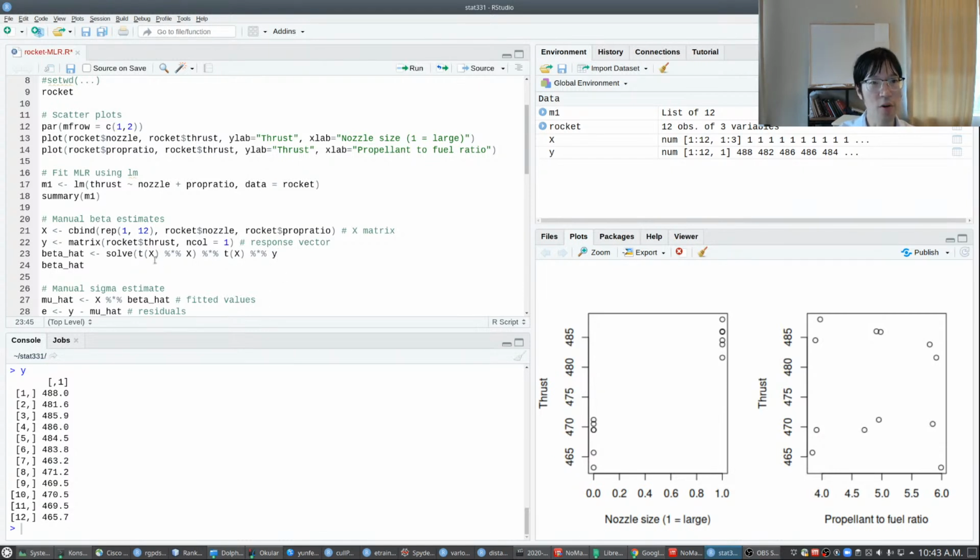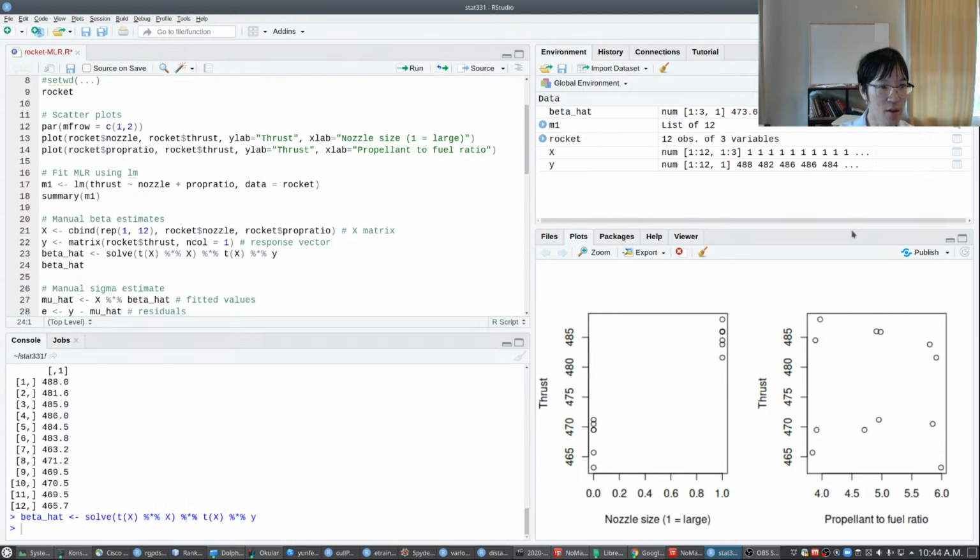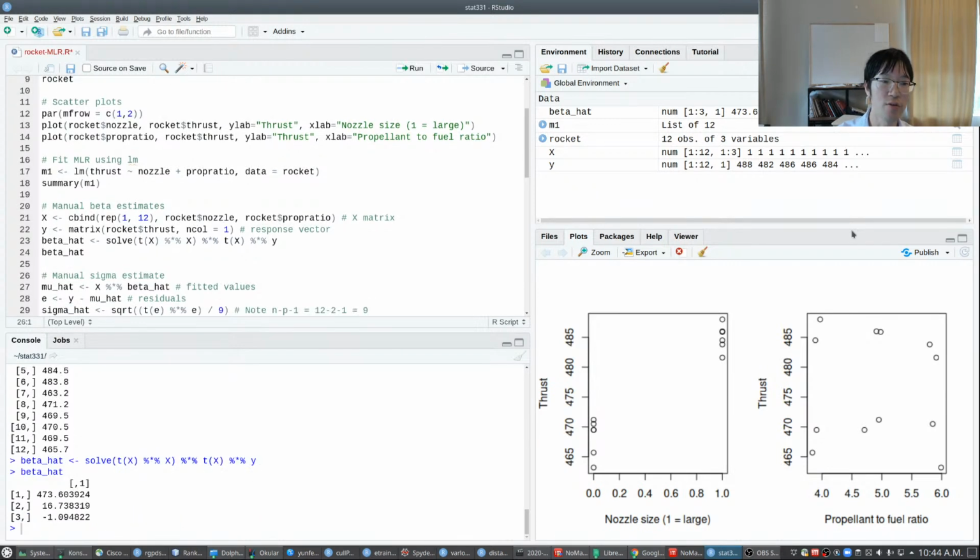Now, if for whatever reason we missed a transpose or something, and the matrices we're trying to multiply are not conformable, then R will spit out an error, and we can check that all the matrix dimensions agree and that it's actually valid to do the matrix multiplication. Okay, so let's calculate beta hat, and then print out this vector of estimates.